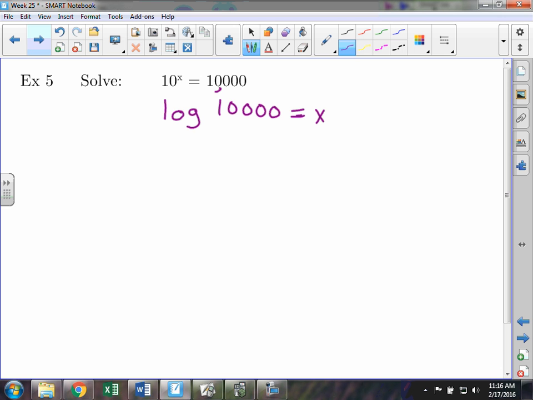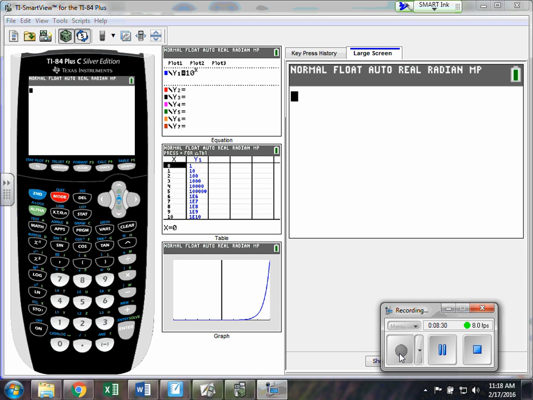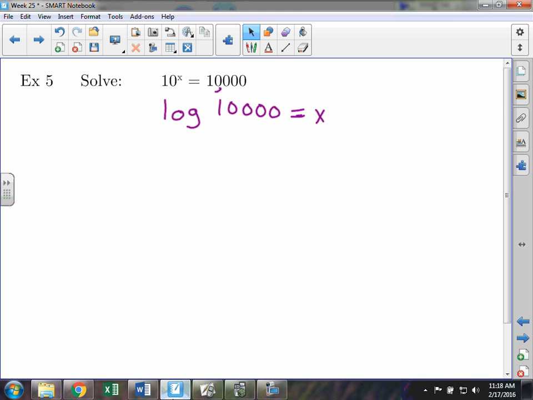And fortunately, we have our calculators for this. So let's pull out the calculator and check. And so we know we have to type in log of 10,000. Please notice right over here, this is the logarithm button. So we'll press log for logarithm of 10,000. Close the parentheses, and there's our x value. We got 4.